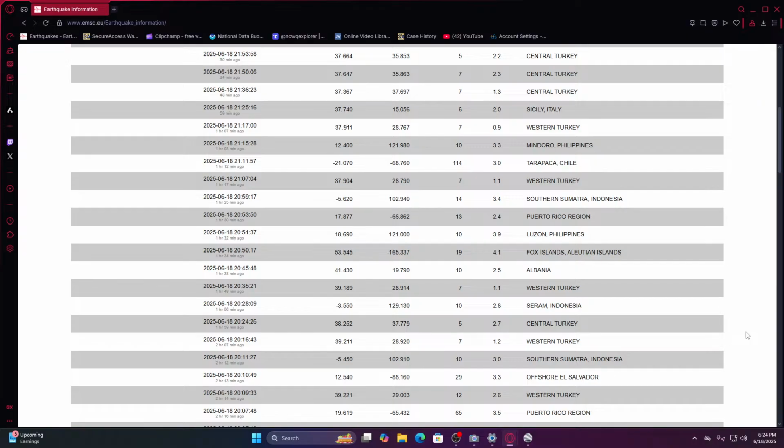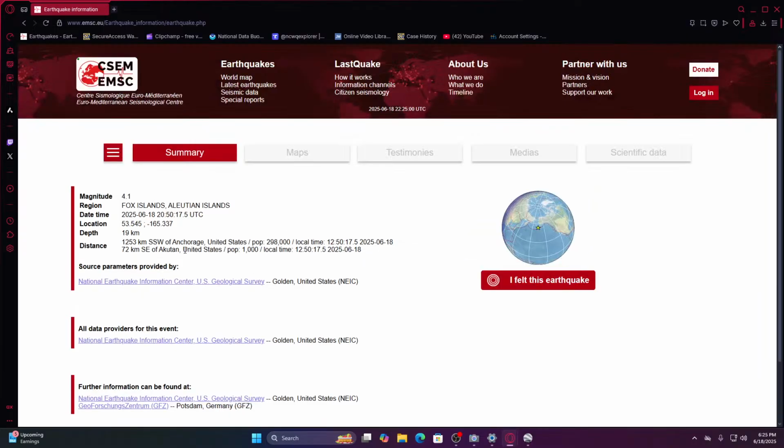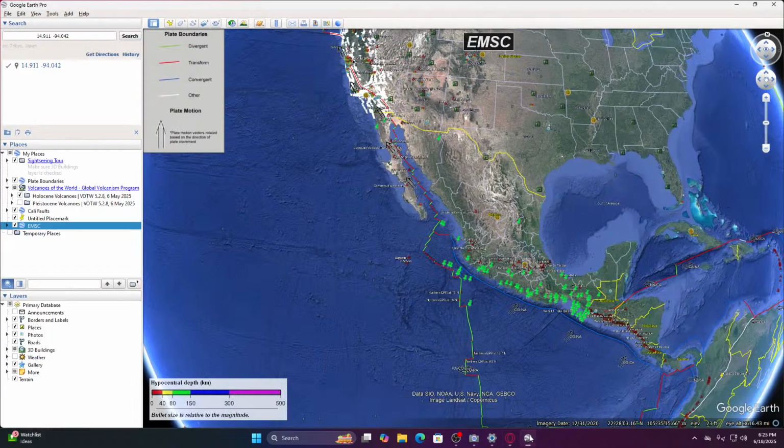Now, there was a 4.1 Fox Island, Aleutian Islands today. This one was 72 kilometers southeast of Akutan, and that's the United States. Population there is 1,000. So we'll get this in here real quick and take a look at where this is located.